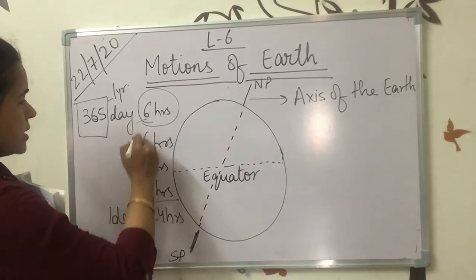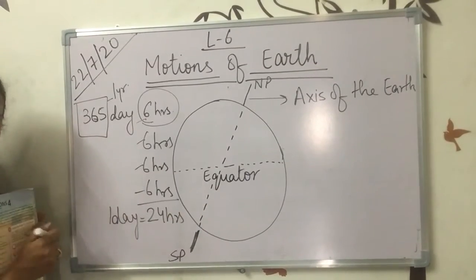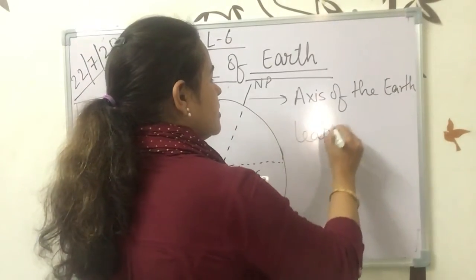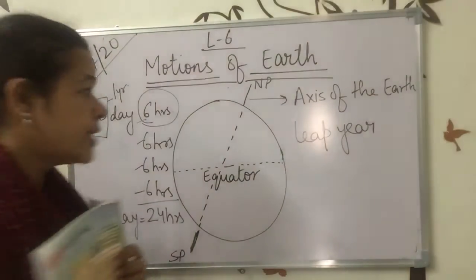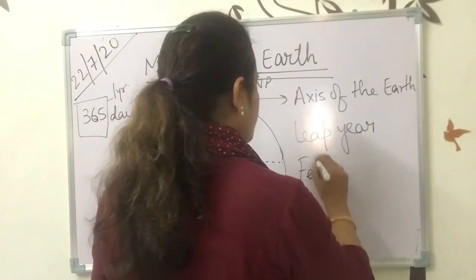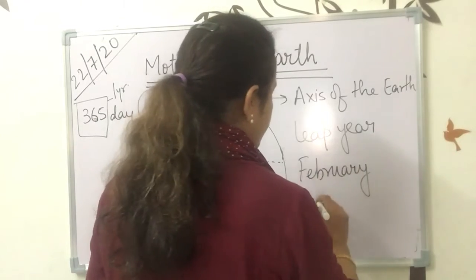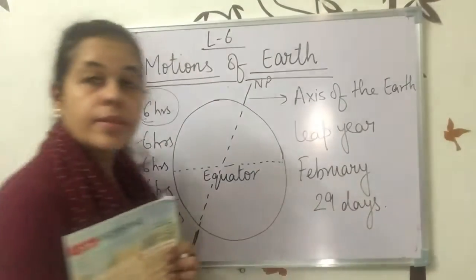Now this 6 hours which is remaining every year is added every 4th year, and that year is a leap year. And in which month is it added? It is added to the month of February. So in that year February has 29 days.